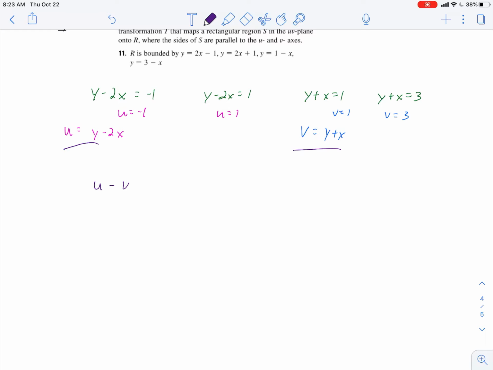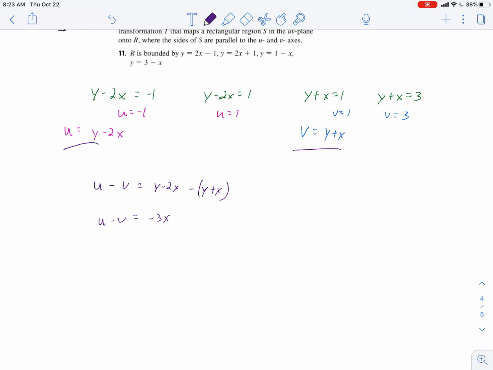I just do u minus v. If I do u minus v, that's going to be y minus 2x minus y plus x. I'm going to get rid of the y's, which I want, and I'm going to be able to solve for x. So u minus v is equal to, making sure I put that in parentheses, negative 3x.